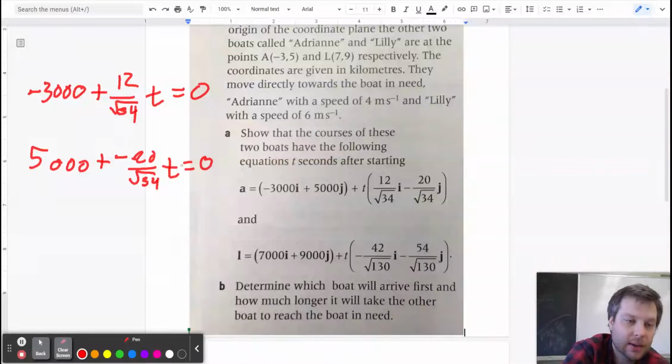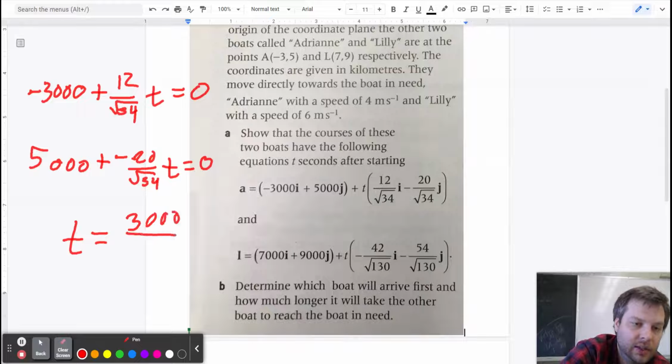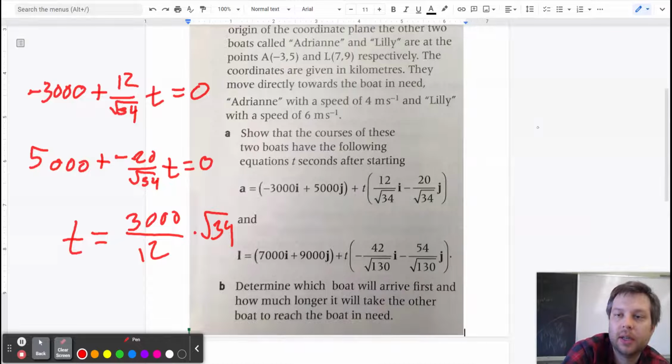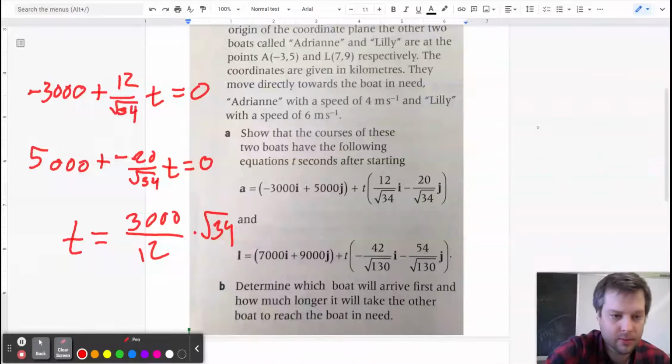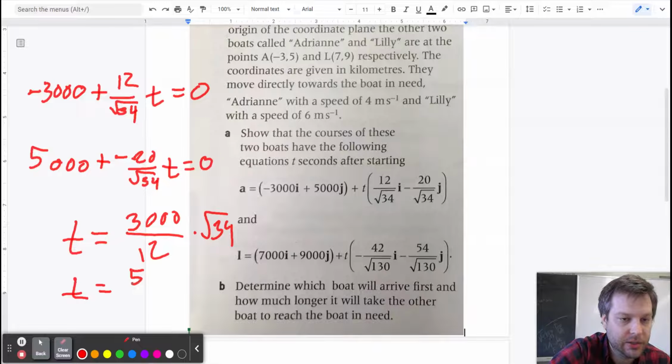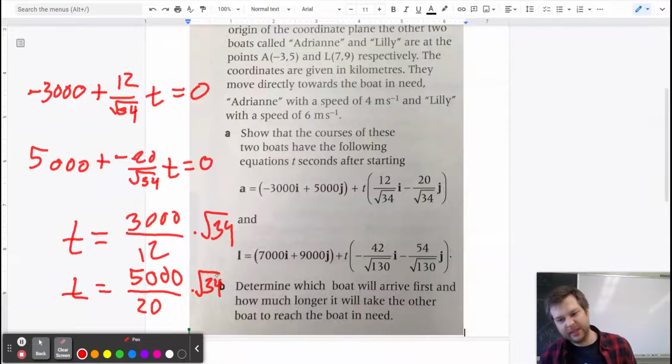If you move the 3,000 over, then what you get is t equals 3,000 divided by 12 times the square root of 34. This will be the time that Adrian reaches the boat in need. As a good double check, you should see that 5,000 divided by 20 times the square root of 34 should come out to be the same thing.